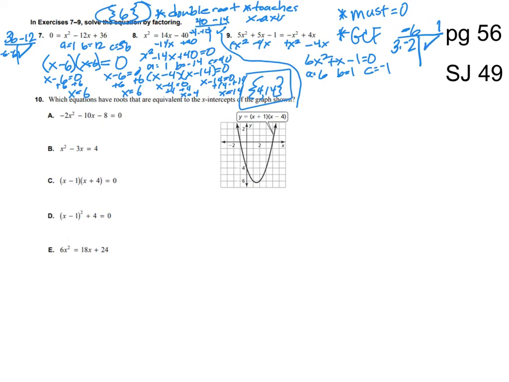Now notice, A is not 1, so I've got to do the grouping method. 6x squared, replace x with positive 3x and negative 2x, and keep your minus 1.